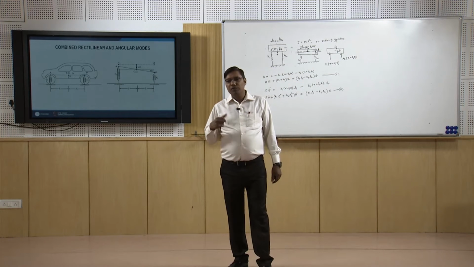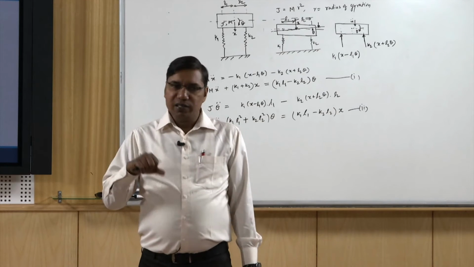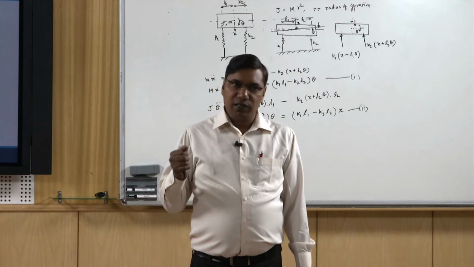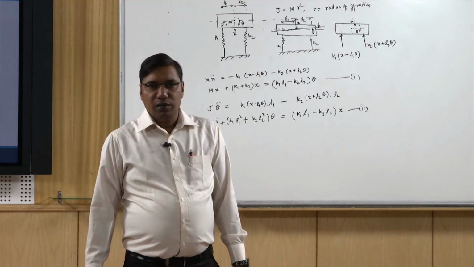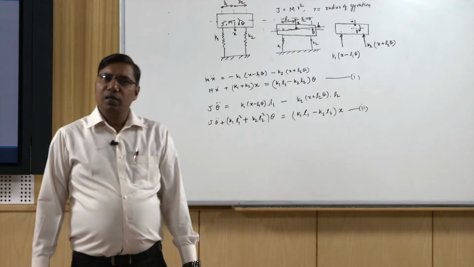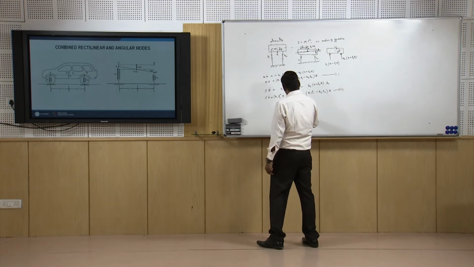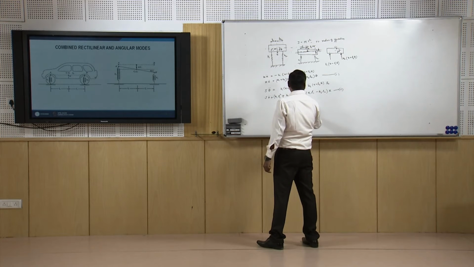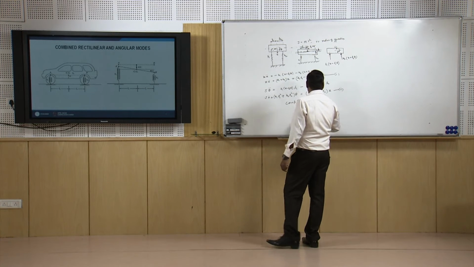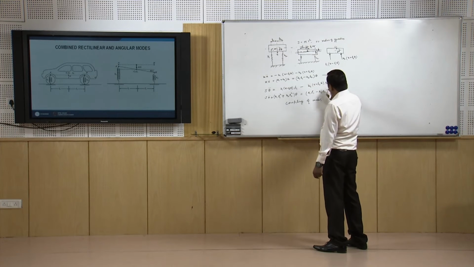It means the linear motion is influenced by the angular motion and angular motion is influenced by the linear motion. This kind of situation we call coupling of modes, because these motions are coupled.